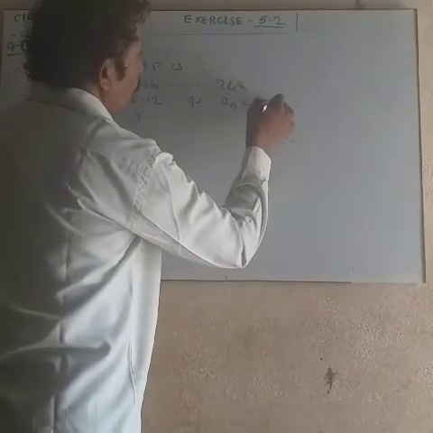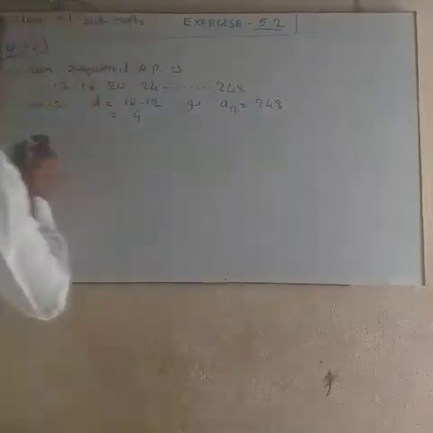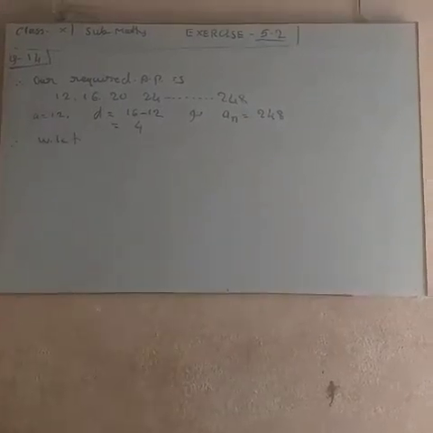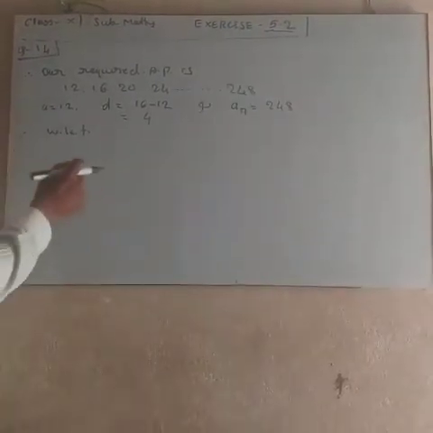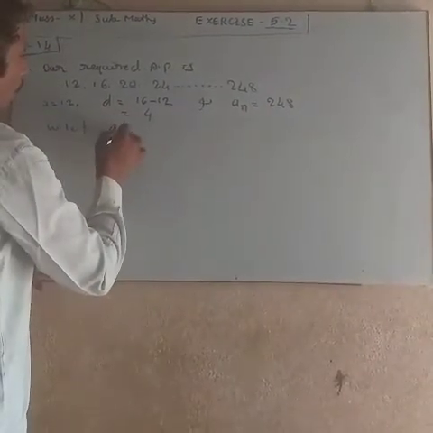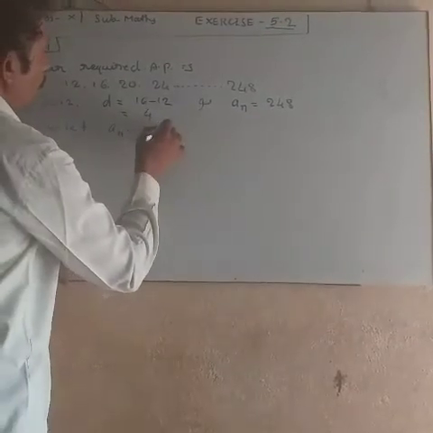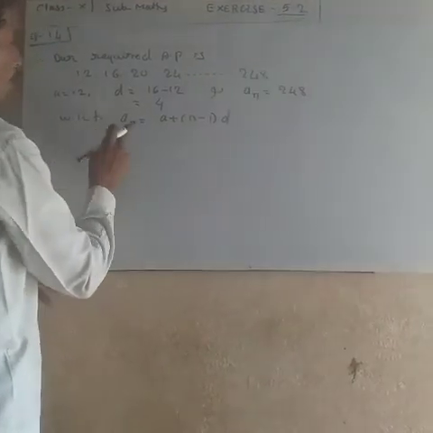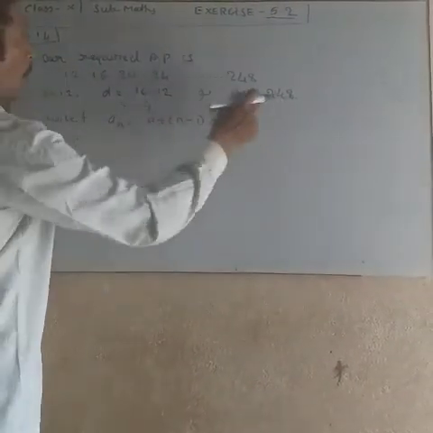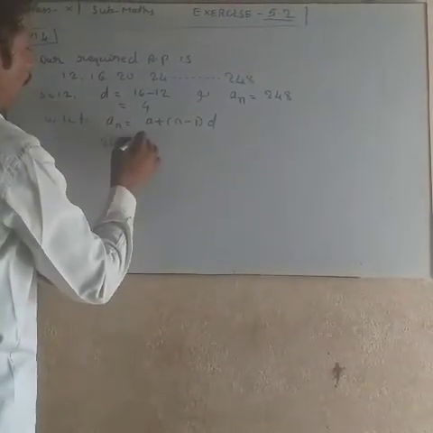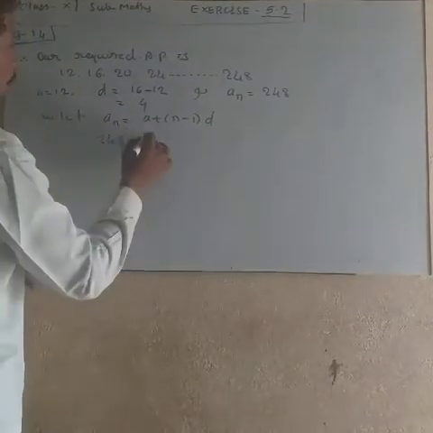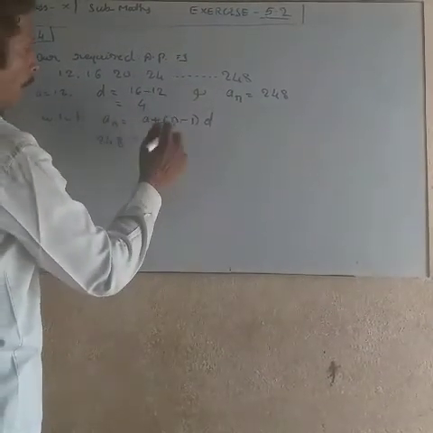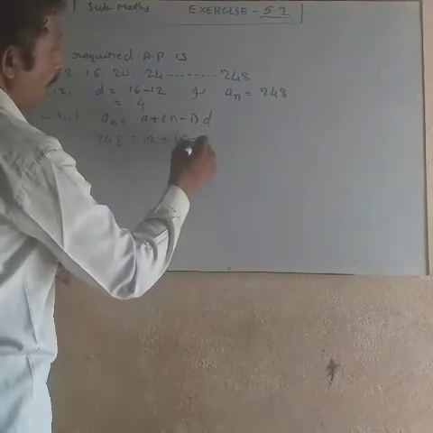Using the formula to find the nth term of AP, AN is equal to A plus (n minus 1) into D. Therefore AN is 248, equal to A is 12 plus (n minus 1). We don't know the value of n.